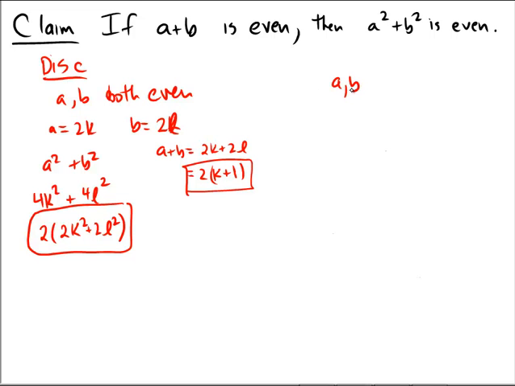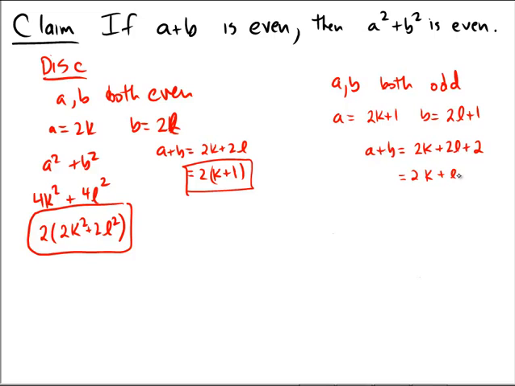How about if a and b were both odd? If a and b were both odd, then a would be 2k plus 1, b would be 2l plus 1, a plus b would be 2k plus 2l plus 2, and that's also even, 2 times (k plus l plus 1).